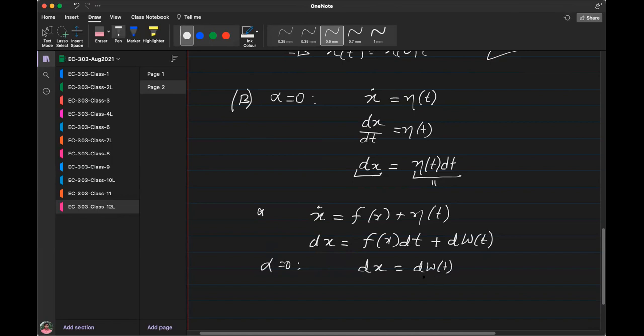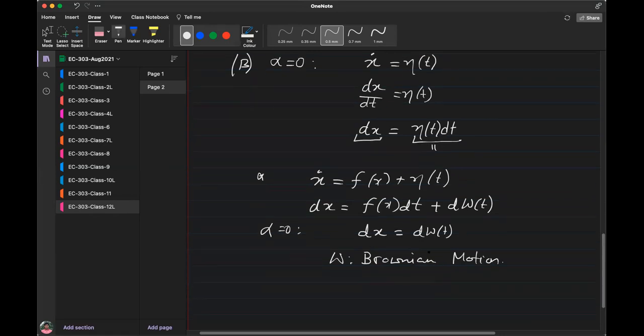And do you remember what dW was? It had various properties, right? And you remember the interpretation of that? So W itself basically represented Brownian motion. What this now means is that the increment in x, the state variable, is the same as the increments in Brownian motion.